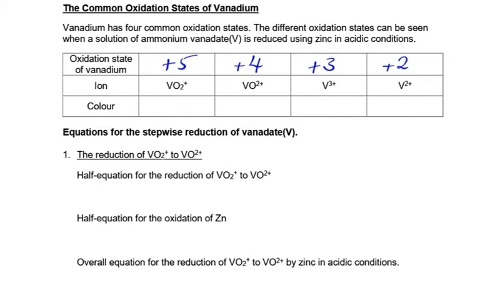In terms of the colours, the VO2 plus starts off as a yellow colour, and we can sequentially reduce this down. The +4 oxidation state being a blue colour, the 3 plus ion being green, and finally once we've got to the 2 plus we have this violet lilac colour.